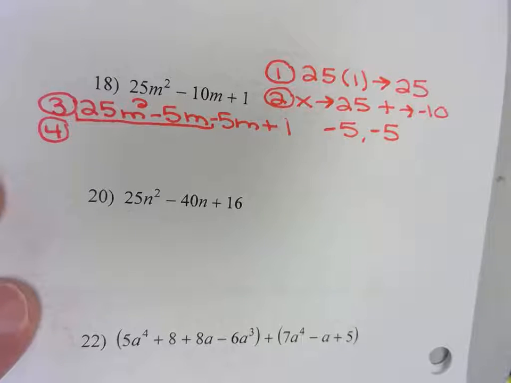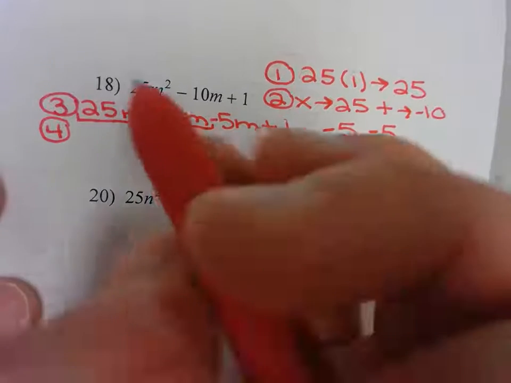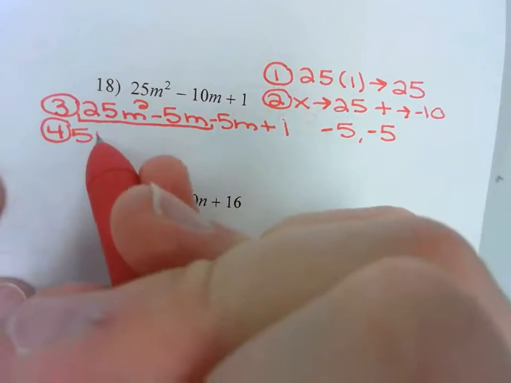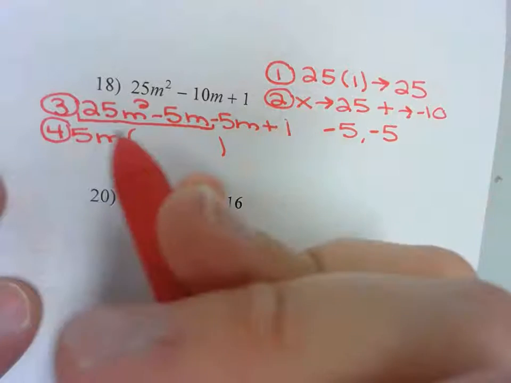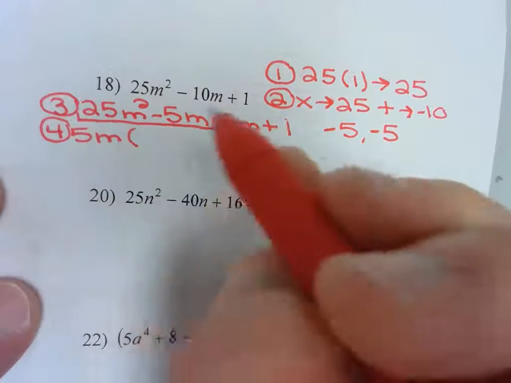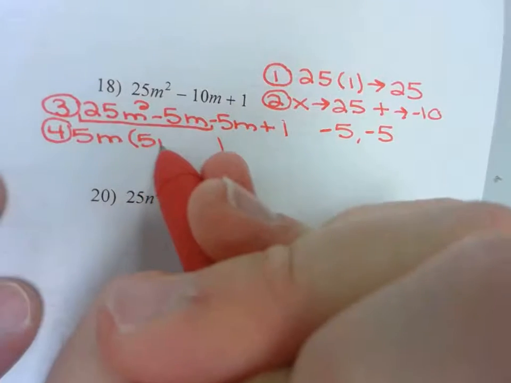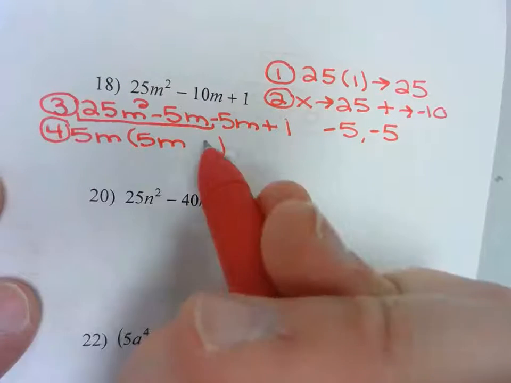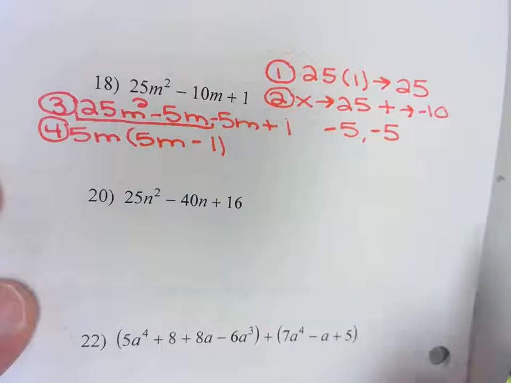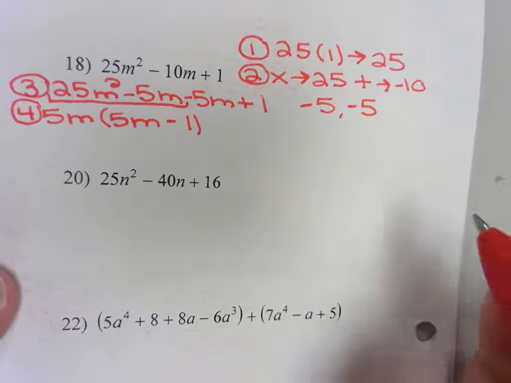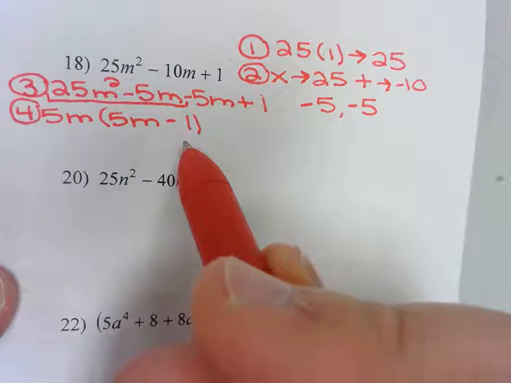So what is the GCF of 25m squared and negative 5m? 5m. So I bring it out front. 5m times what gives me 25m squared? 5m. 5m times what gives me negative 5m? Negative 1. Now as I look at this, I need my parentheses to be the same.